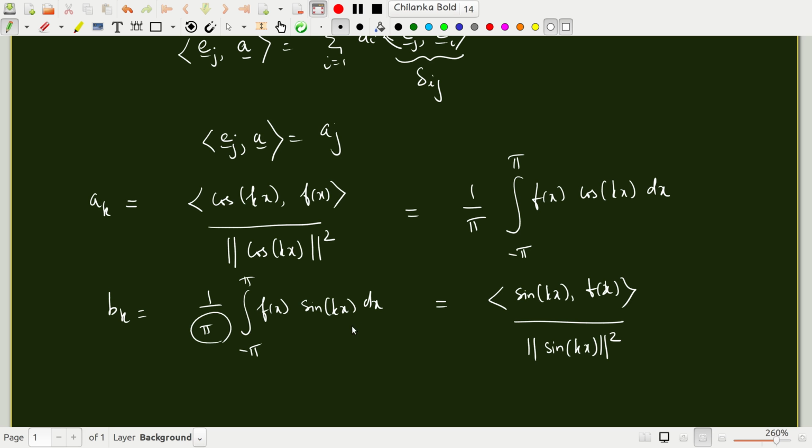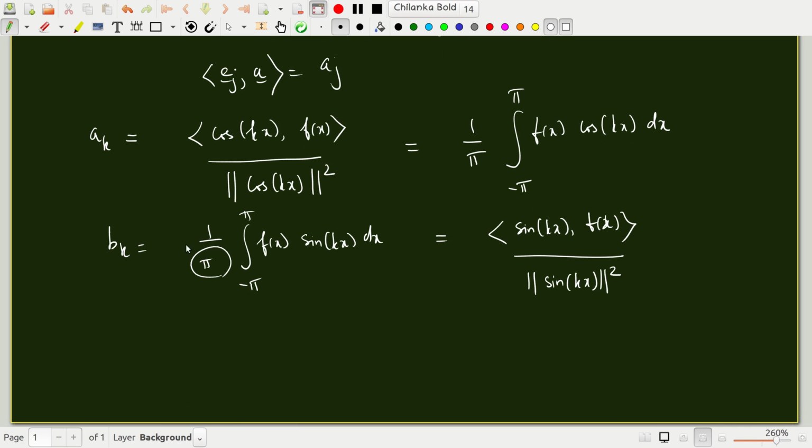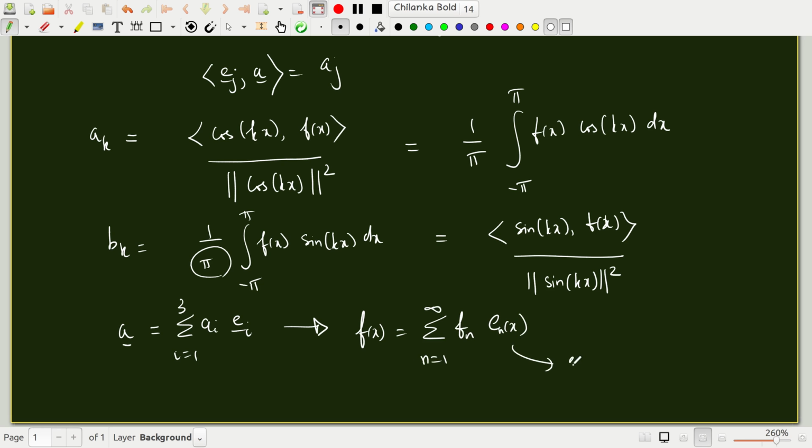So it's clear that the eigenfunction expansion, of which the Fourier series is a specific example, has a direct analogy with geometric vectors, wherein you can expand a vector A in terms of the basis vectors, or the unit vectors, in 3-dimensional space. In the same way, we are trying to expand any function as a sum over n equal to 1 to infinity of f_n times e_n of x, where these are the eigenfunctions.